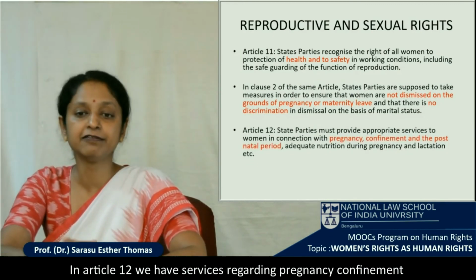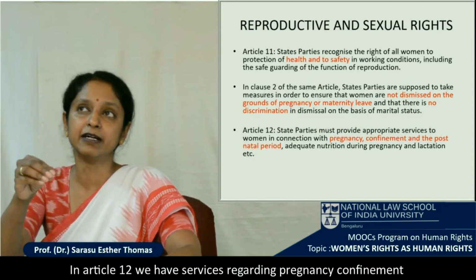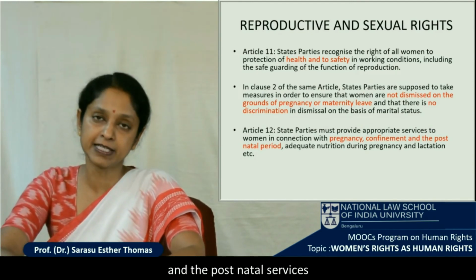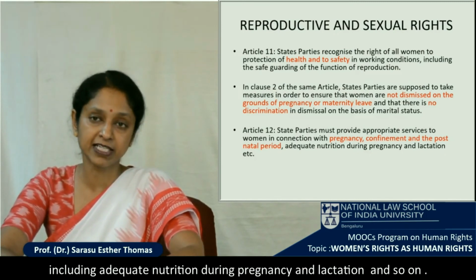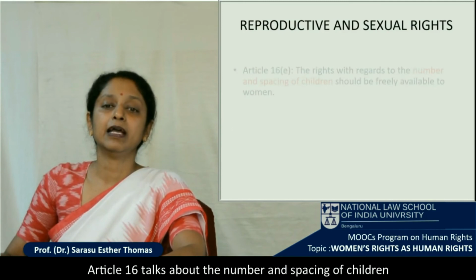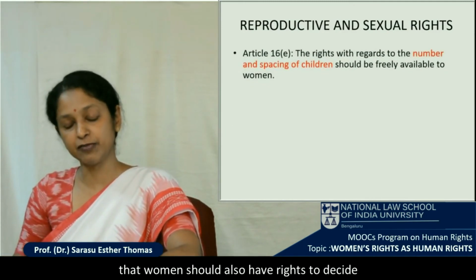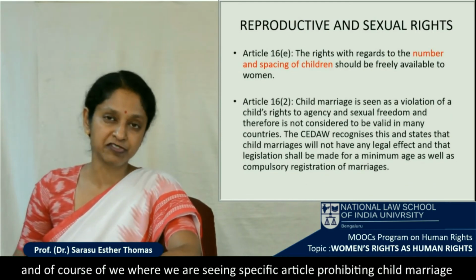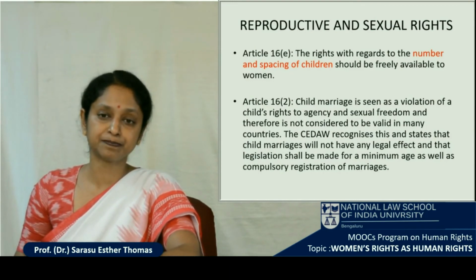In Article 12, we have services regarding pregnancy, confinement, and postnatal services, including adequate nutrition during pregnancy and lactation, and so on. Article 16 talks about the number and spacing of children, that women should have also the right to decide. And of course, what we've earlier seen, a specific article prohibiting child marriage.